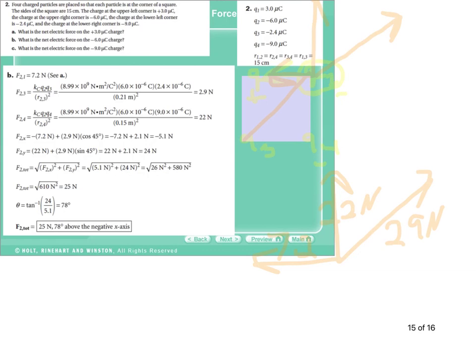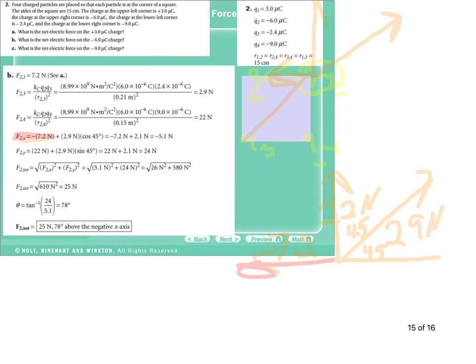So those are the forces. Again, we would know this is a 45-degree angle, and the sine and cosine of 45 doesn't make any difference. So if we want to find the x components, we've got negative 7.2, that's this part.